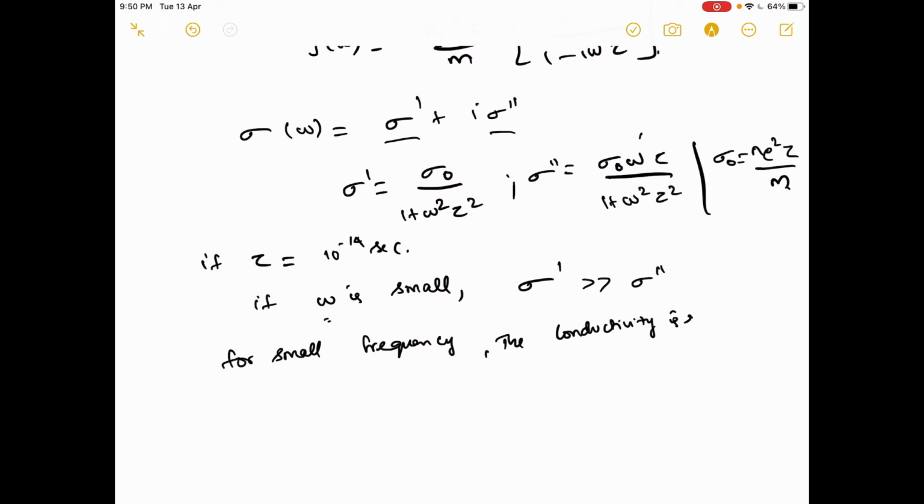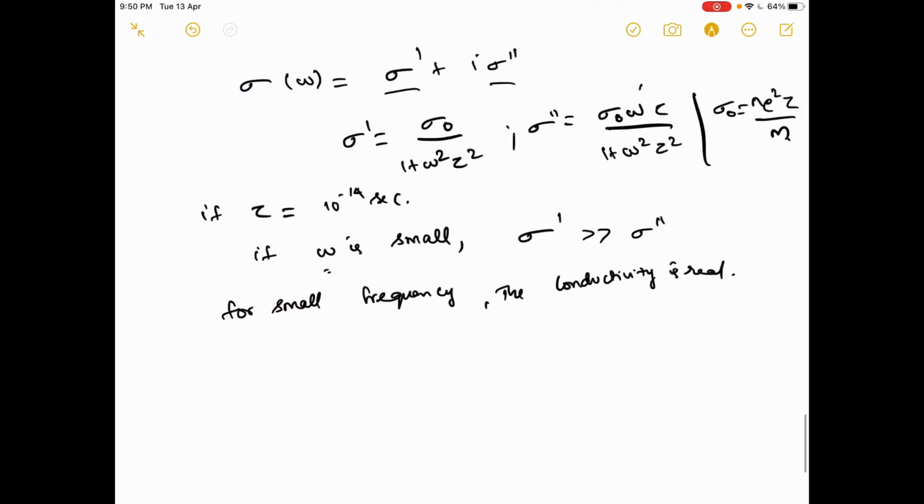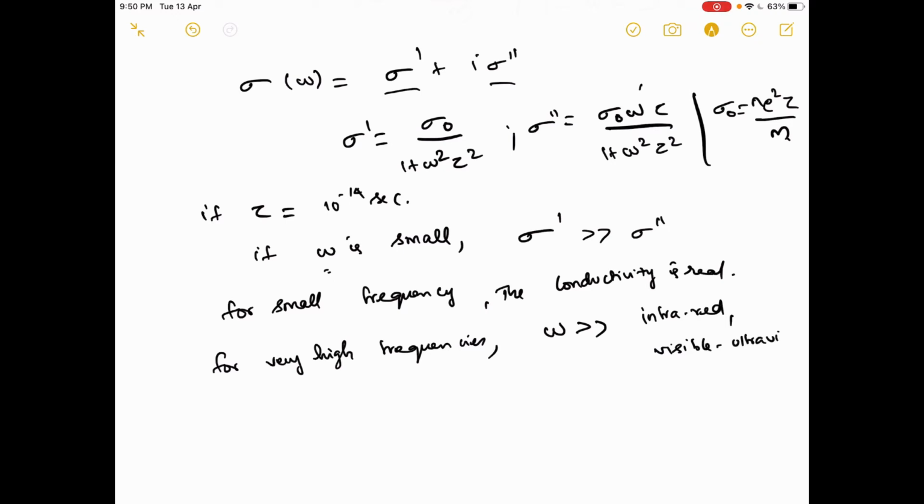And for very high frequencies, let's say omega is much larger than a typical RF signal. So basically the frequency is in the infrared to visible to ultraviolet radiations.